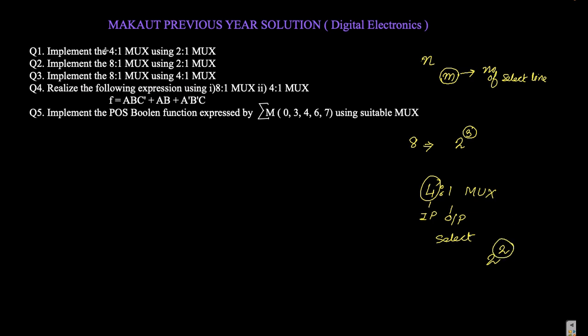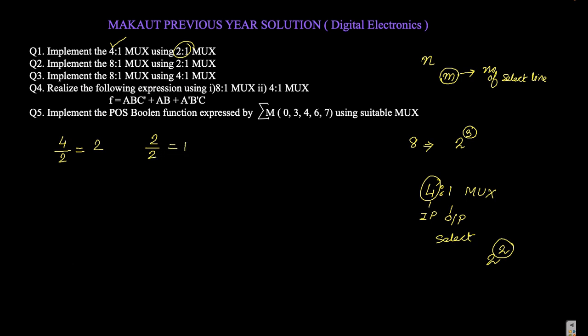It means that we have to implement a 4:1 MUX using 2:1 MUX. So first of all, you have to know how many 2:1 MUX are needed for building a 4:1 MUX. It's very simple. To build a 4:1 MUX with the help of 2:1, you divide 4 by 2, it becomes 2, and then divide 2 by 2, it becomes 1.